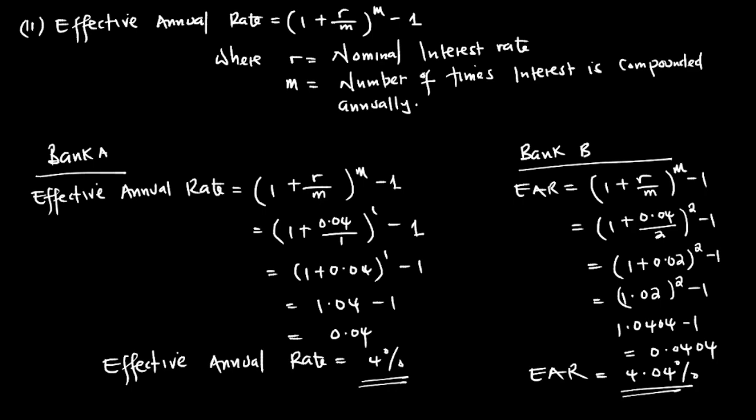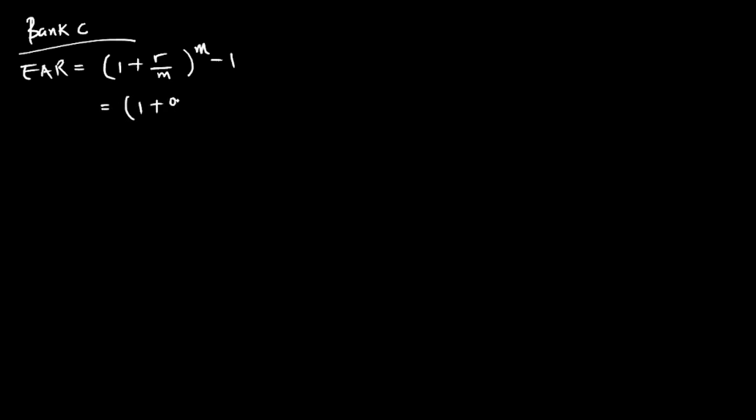Okay, we continue. We go to bank C. Our effective annual rate will be equal to 1 plus R over M, to the power M, minus 1. So it is 1 plus 0.04 divided by 4, because there are 4 quarters in a year, to the power 4, minus 1.